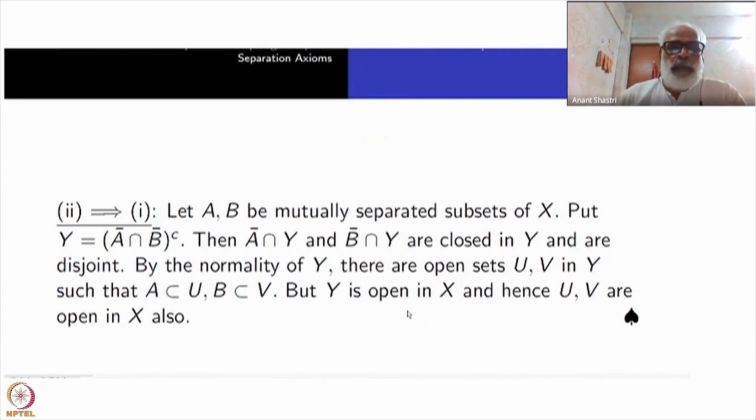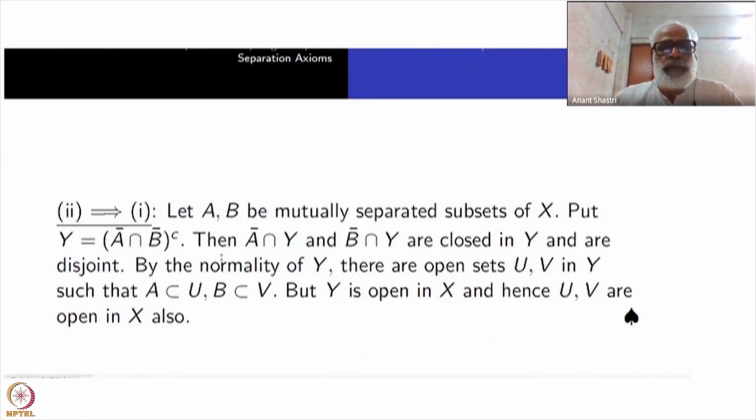Remember, A bar intersection B bar may not be empty. If it's empty, you are in good shape. There is nothing to bother about. So it may not be empty. A bar intersection B is empty and B bar intersection A is empty. So look at Y equal to the complement of A bar intersection B bar.